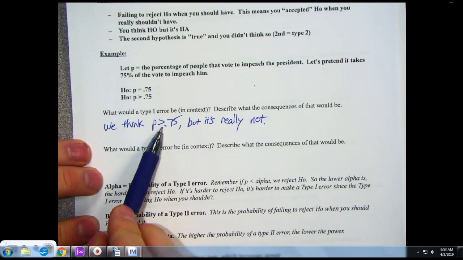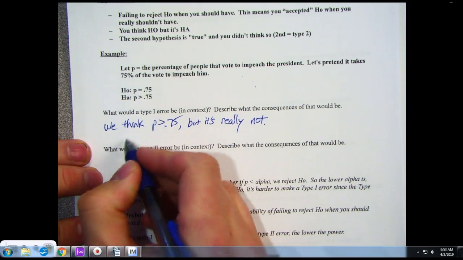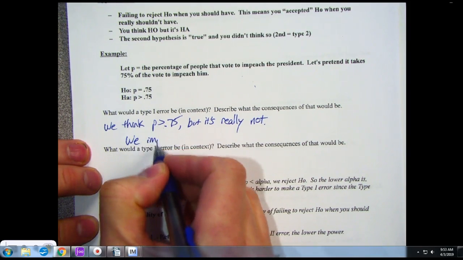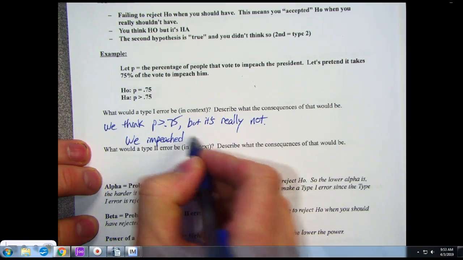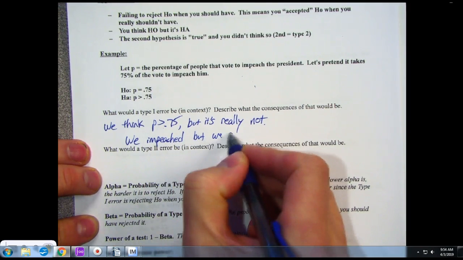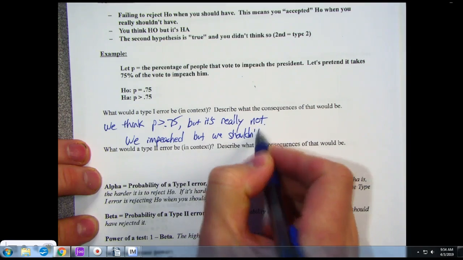Impeach, right? But I was wrong. So the consequence would be we impeached, but we shouldn't have. Yeah, everybody laughed at us.